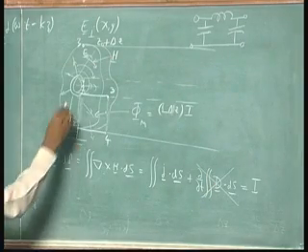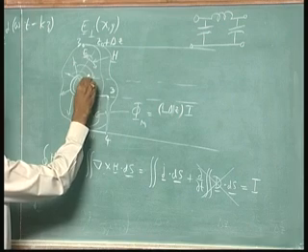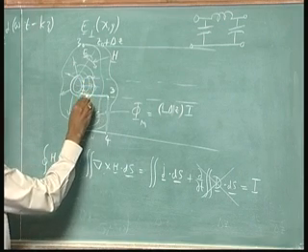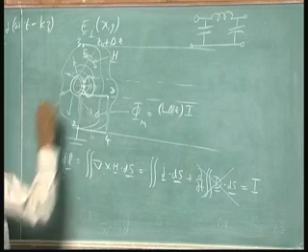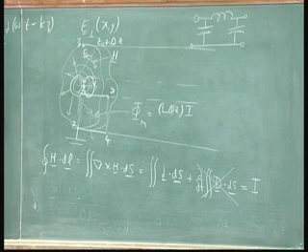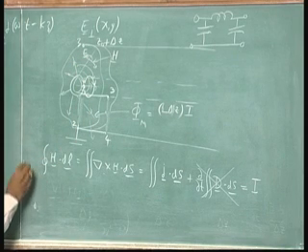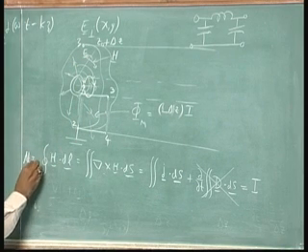If I do the same calculation at z plus delta z, again in the same direction. So, this is at z naught.